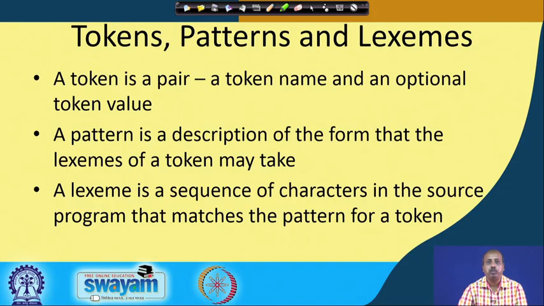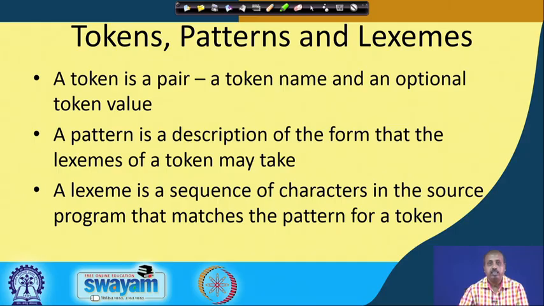Coming to the definition of tokens, patterns and lexemes: a token is a pair, a token name and an optional value. Every token is given a name and it has some value. The value is an integer, and most often the token name is also given as an integer, and the token value part may consist of some attribute of the token.